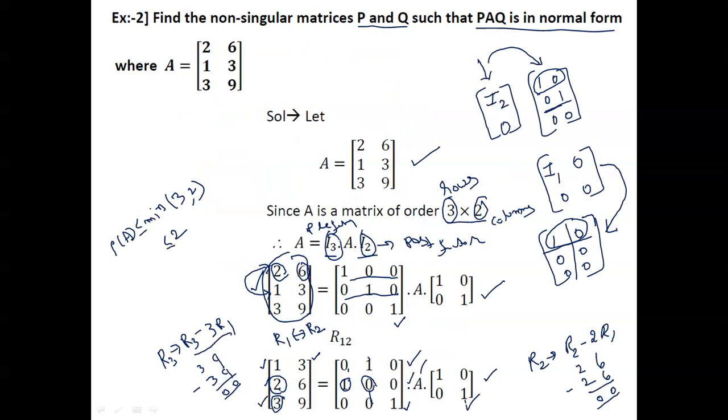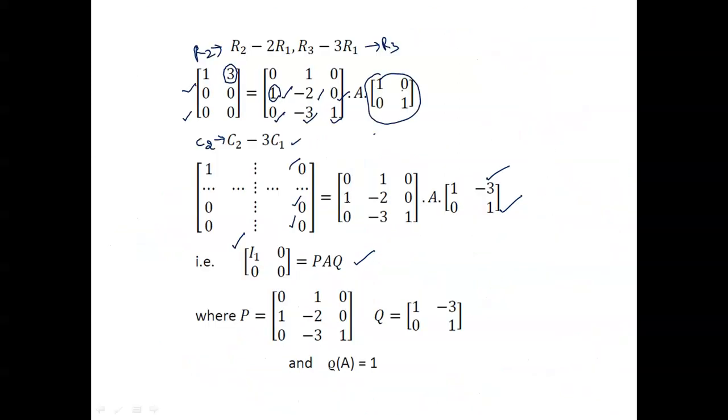Here we observe that det P equals 1, which is not equal to 0, and det Q equals 1 into 1, that is 1, also not equal to 0.